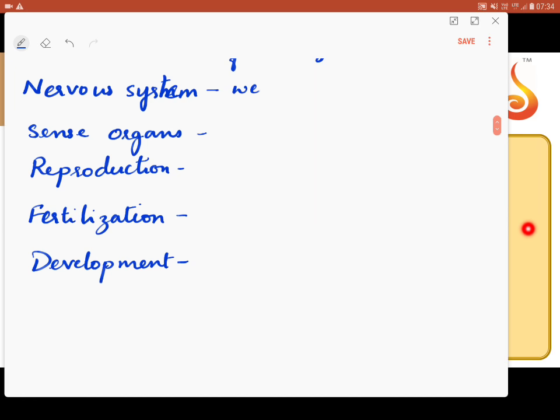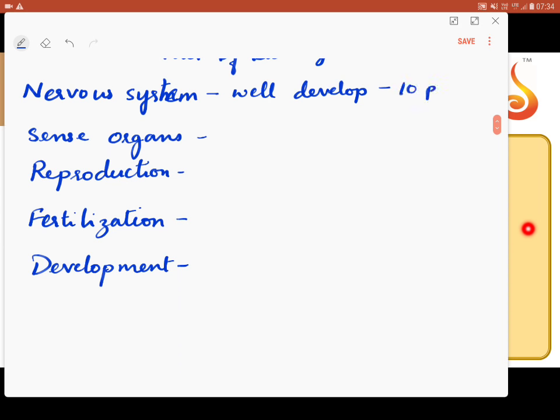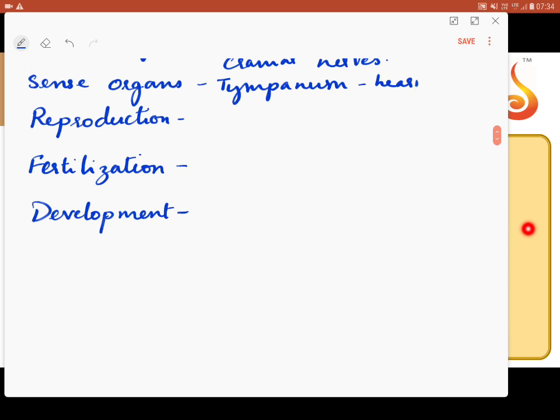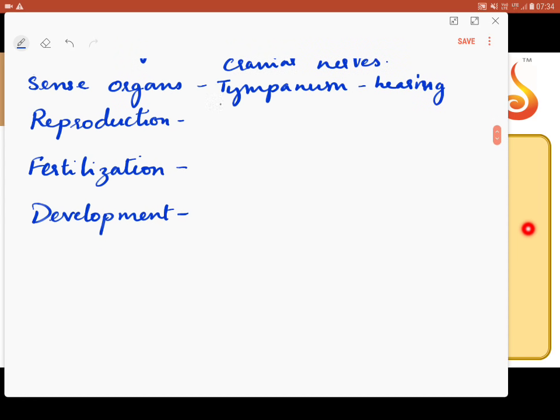Nervous system, well developed with 12 pairs of cranial nerves. Sense organs, tympanum present as a hearing sense organ, nictitating membrane present around the eye.